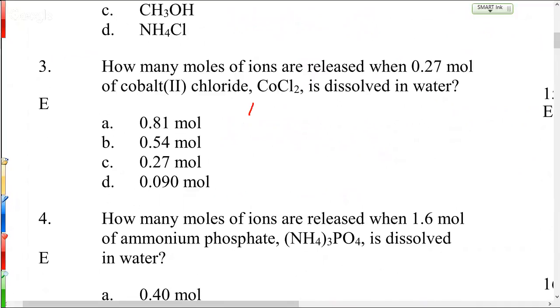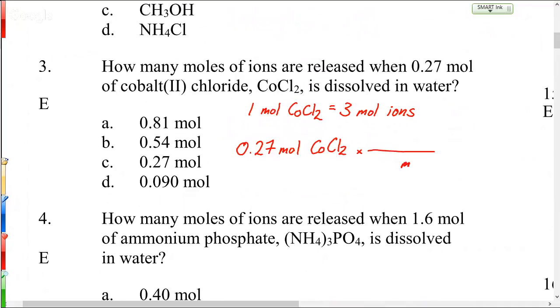We could say that 1 mole of cobalt chloride, CoCl2, gives you 3 moles of ions, because the cobalt and the chloride are all going to break apart, and that's 3 ions per formula unit. So if we start with 0.27 moles of cobalt chloride, and we want to convert from moles of cobalt chloride to moles of ions, that's 3 to 1. So we'd multiply that by 3, and you get 0.81.